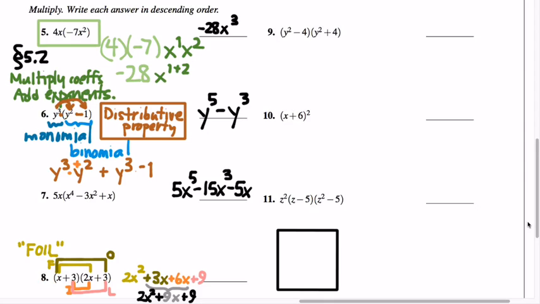One of them looks like this. So if I'm multiplying x plus 3 times 2x plus 3, another way of doing it is by sort of drawing out a little grid where the columns of my grid will be x plus 3. The rows of my grid will be 2x plus 3.